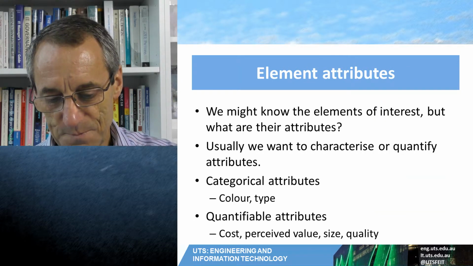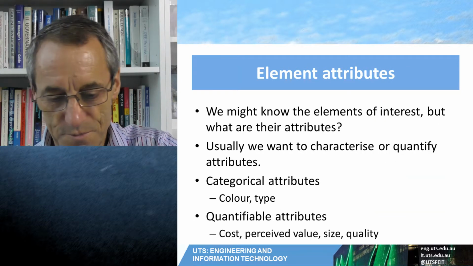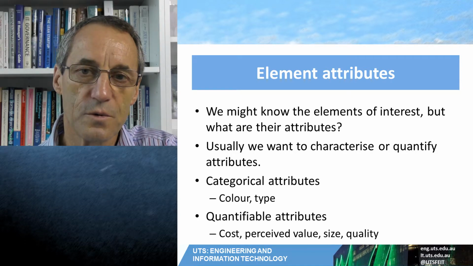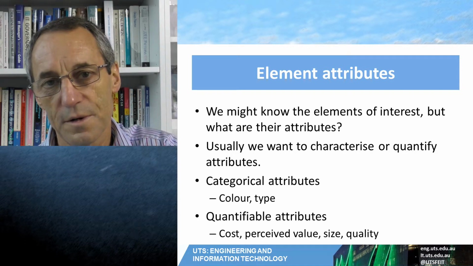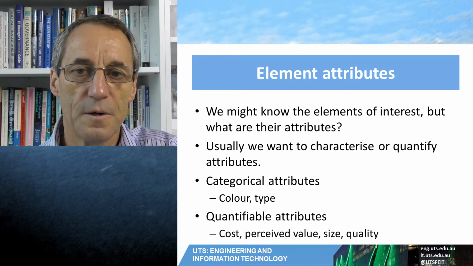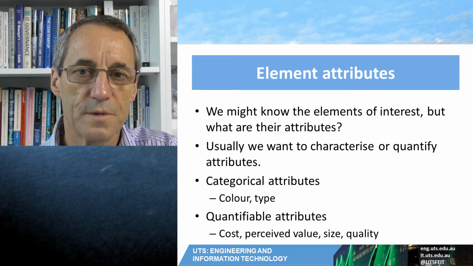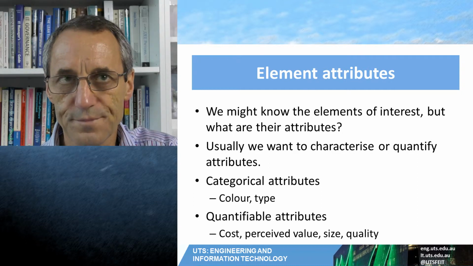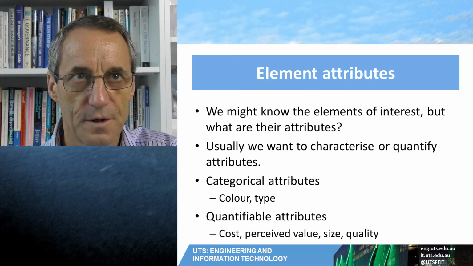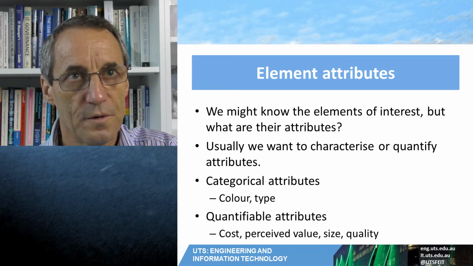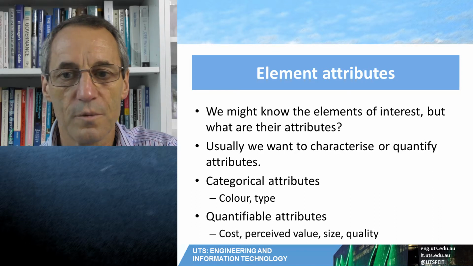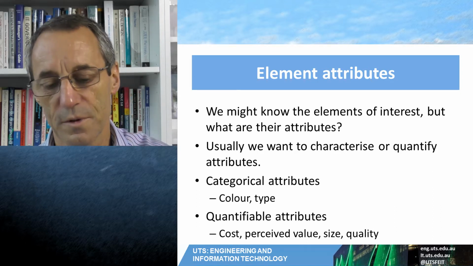So the attributes, we might know the elements of interest, but what are their attributes? And we want to characterize or quantify the attributes. And by characterize, I'm talking about categories such as color. In some cases in software, we're talking about the type of machine or the type of operating system, or the type of something.